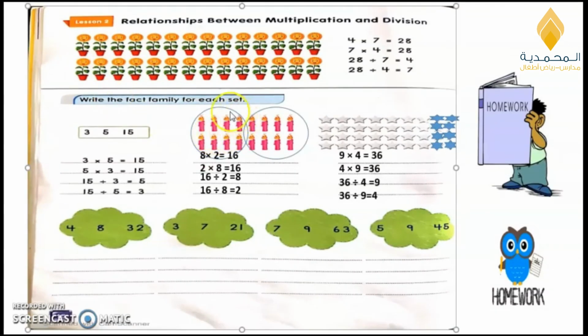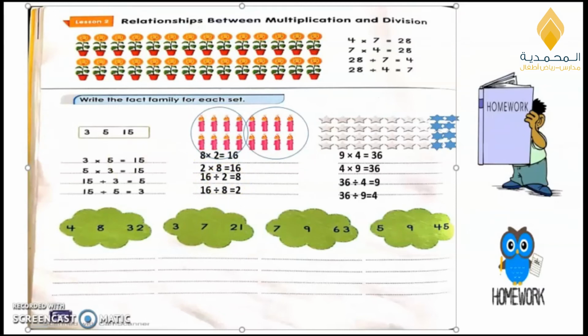I put each 8 candles together because 16 divided by 8. Here are 8 candles and here are 8 candles. How many groups are there? Yes, it is 2 groups. So 16 divided by 8 equals 2. So this is the relationship between multiplication and division.